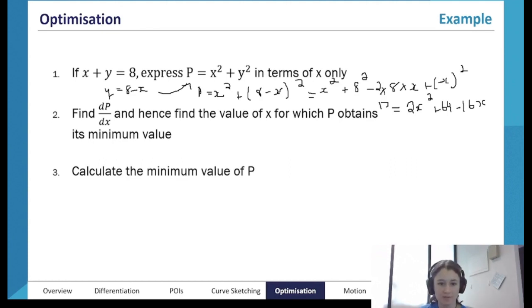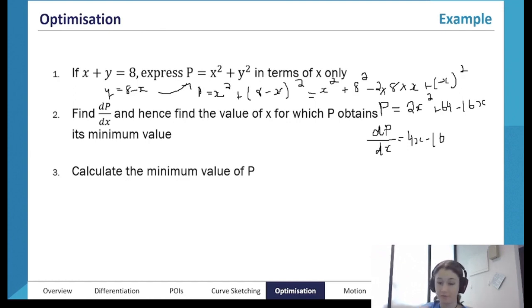Now we need to find dp/dx. This is the perfect equation that we have now because we can differentiate p with respect to x. So dp/dx is going to be equal to 4x take 16. And now we need to find the value of x for which p obtains its minimum value.